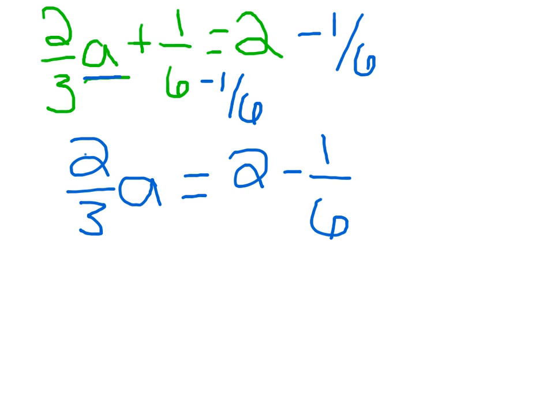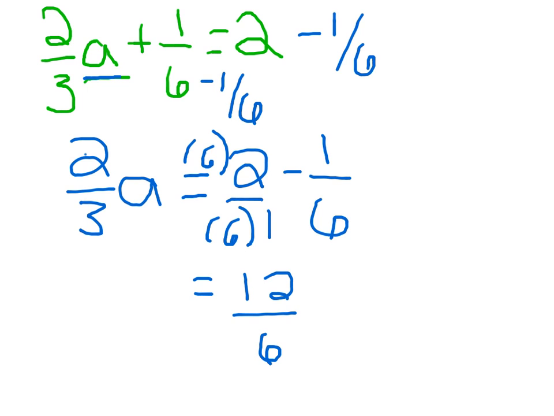The next thing we are going to do for this is make sure we have common denominators on the right side. In doing so, we need to multiply the bottom by 6 and the top by 6. So, on our right side, we then get 12 over 6 minus 1/6, and the left is still 2/3 A.